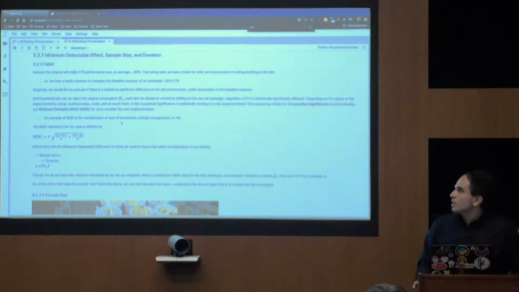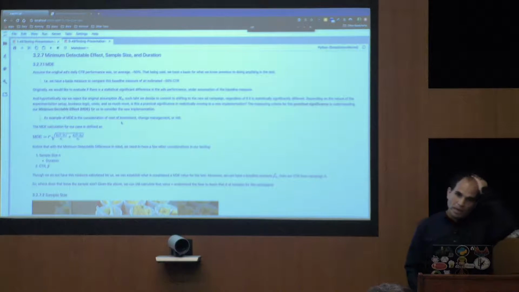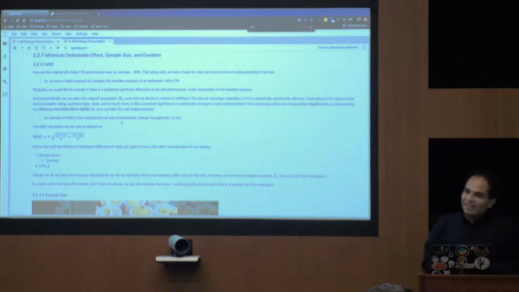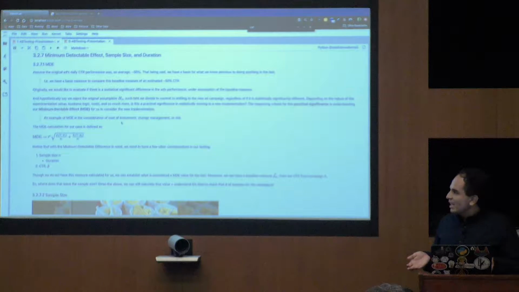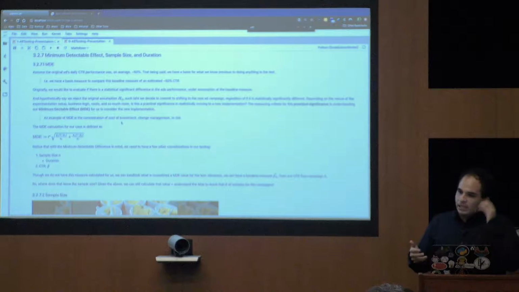Understand that your sample size is important as well. If you collect a small amount of information and run an A/B test, and you say, oh hey, there are differences between these two groups, your sample size matters in the confidence you would have in the results of your test.